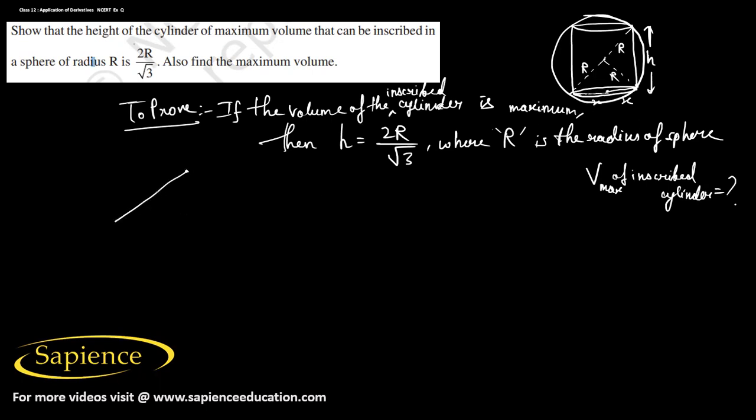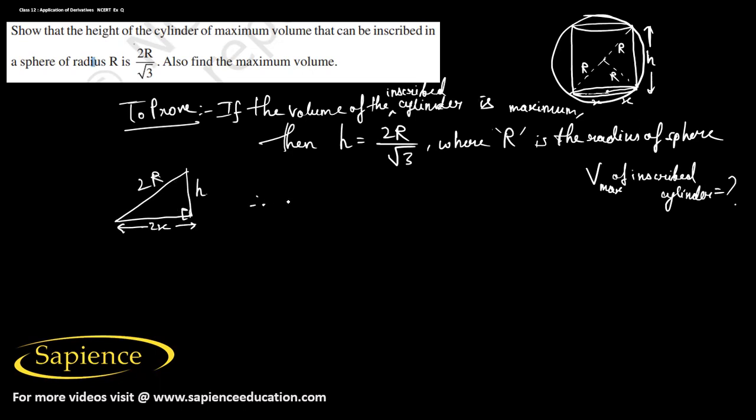Now, one right angle triangle has been formed where this is the diameter of the sphere, which is 2r, and the height of the cylinder is h, and the diameter of the cylinder is 2x.